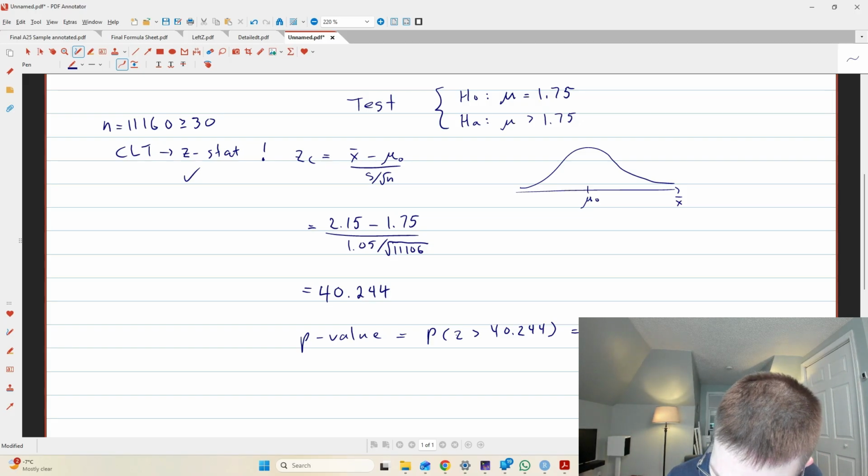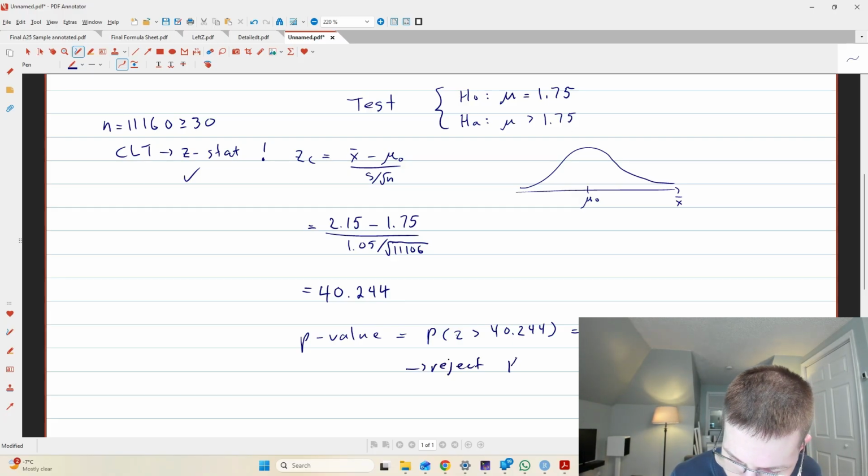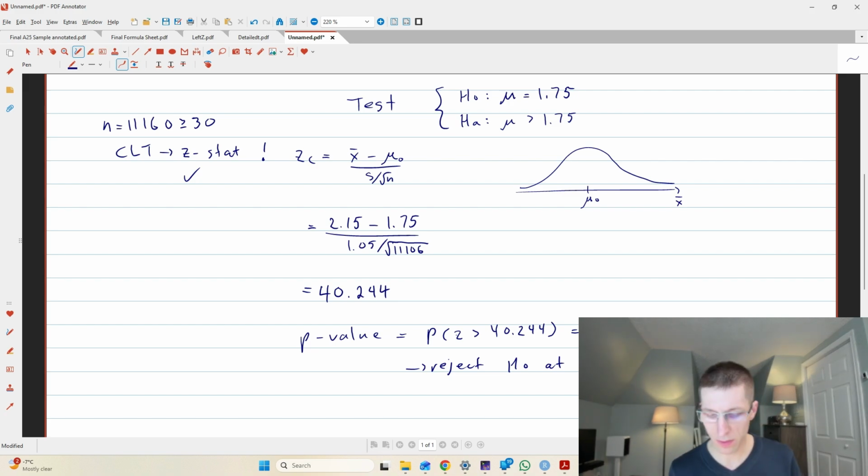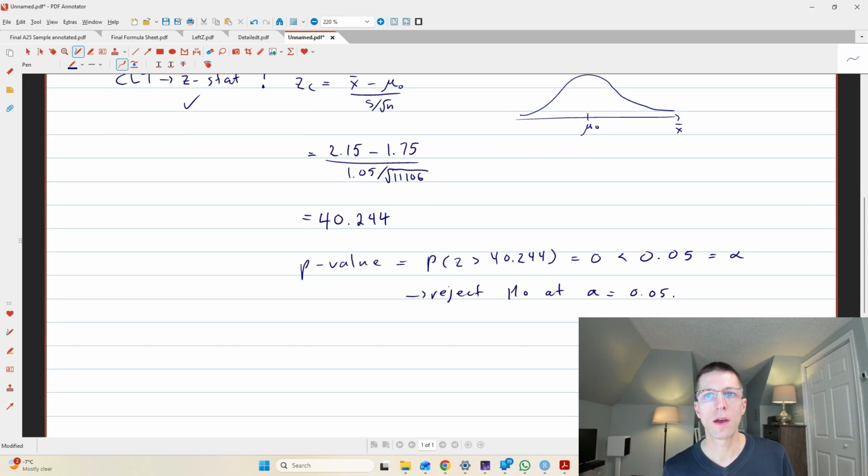0, of course, is less than our significance level. And so we reject H naught at this level of significance, and then state our conclusion.